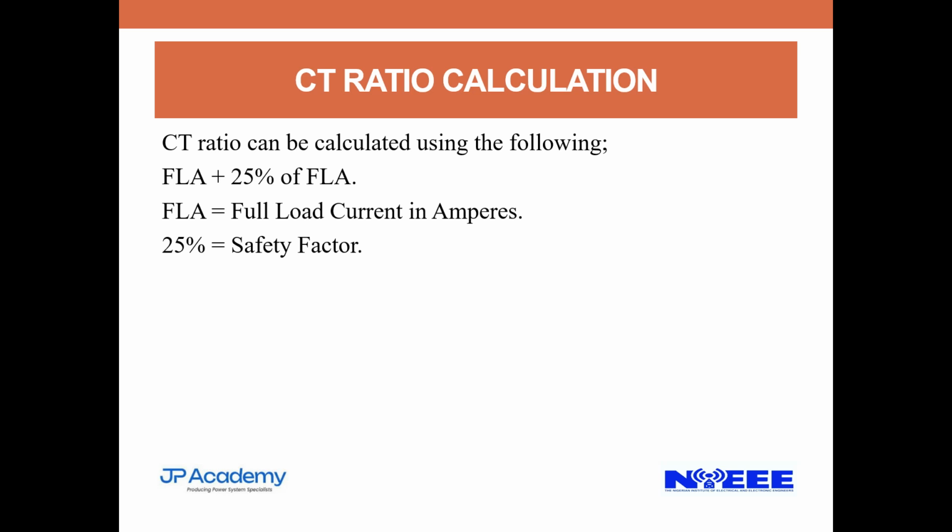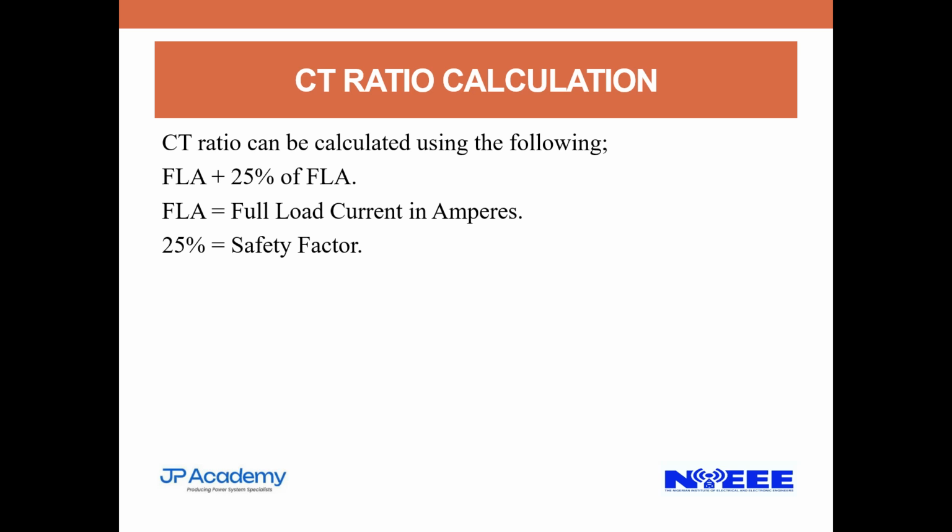So the ratio will be either is to 1 or is to 5. For instance, we can have the CT ratio of 250 is to 1 or 50 is to 5. So basically, we are just adding 25% of our nominal rated current.